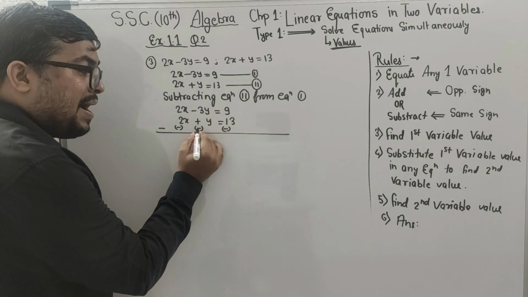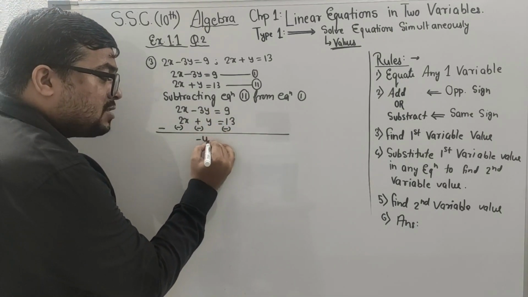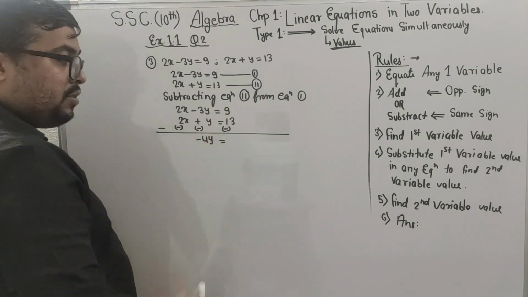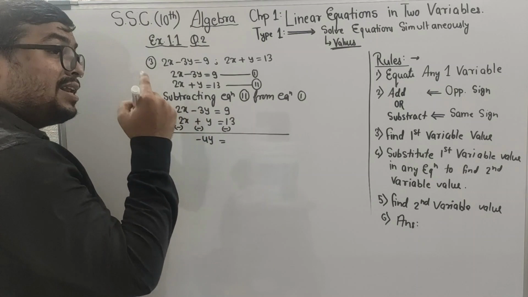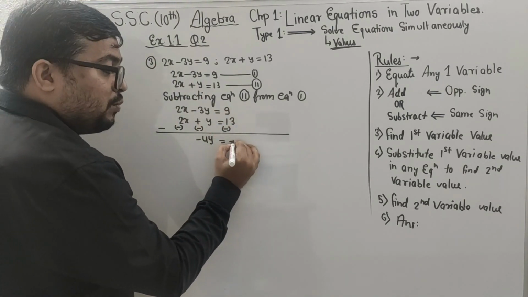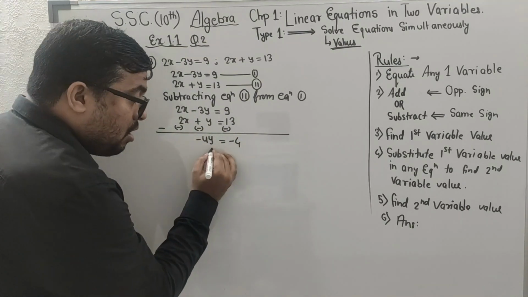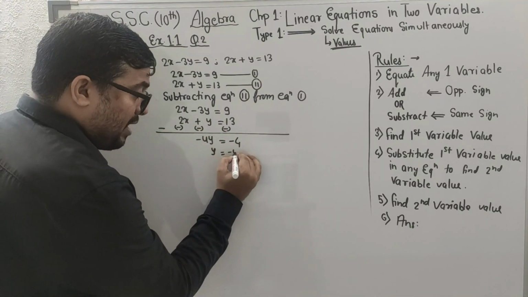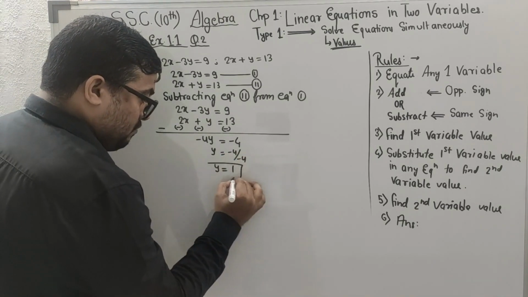Minus 3y minus y is equal to minus 4y. 9 minus 13 is equal to minus 4. Symbol of the bigger number. y is equal to minus 4 divided by minus 4. y is equal to 1.